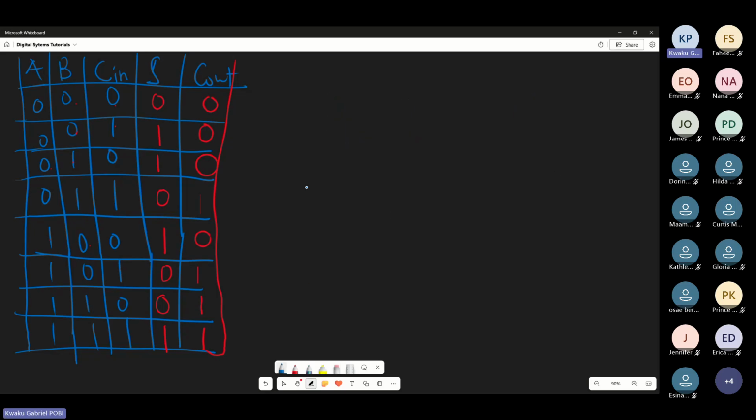But for something to come out clear, for the carry out, we'll write it from here one by one, and then the sum, I'll use a K-map. I want something to come out clear. If you use a K-map, you will still end up getting the same thing, but it wouldn't come out clear.